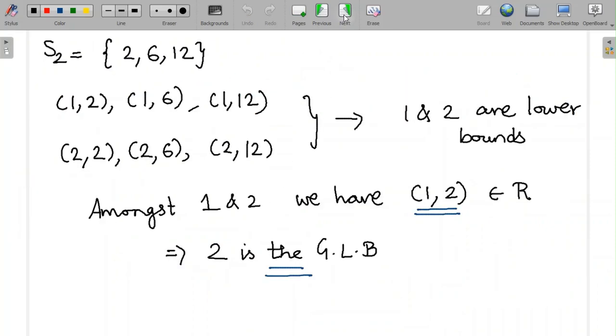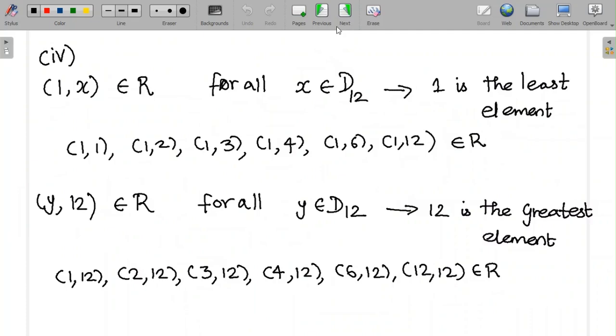So the GLB is ready, the LUB is ready, and let's find the least element. The least element of a partially ordered set is the number x such that it is on the left of all elements. Here we see that 1 is the least element because we have 1-2, 1-3, 1-4, 1-6, 1-12.